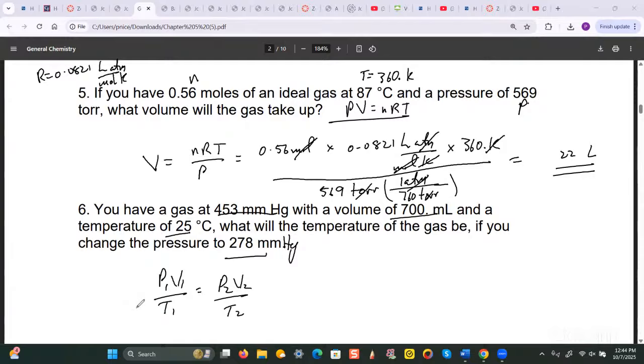Okay, so let's identify the different terms. Let's start off with P1. What is P1 in this case? Before, 453 millimeters mercury, okay? What would be the V1 in this case?